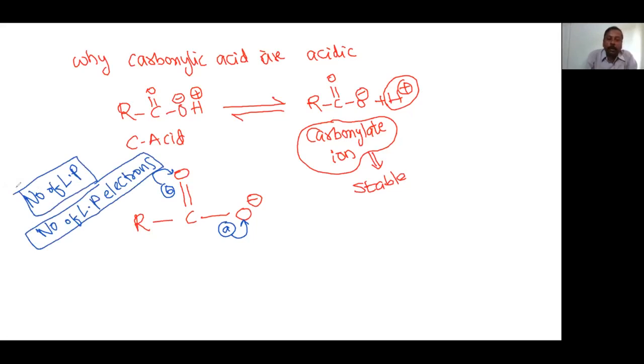In RCOO negative, oxygen basically will have 6 electrons, but because of this negative charge there will be one more electron. So the number of lone pairs: 1, 2, and 3. The number of lone pairs on A will be 3.